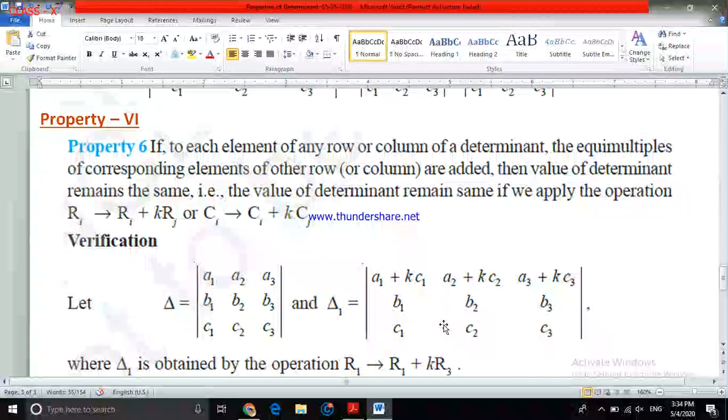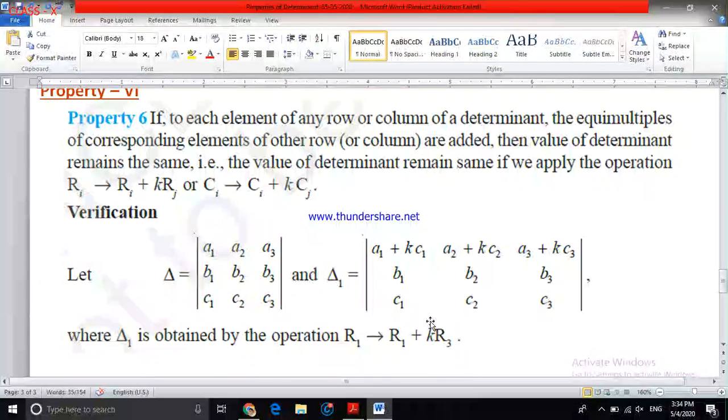Now property 6. I'll explain with an example. Here I have taken the matrix lambda as a1, a2, a3, b1, b2, b3, c1, c2, c3, and I got another matrix, lambda 1, by applying one operation. What is that operation? R1 tends to R1 plus k times R3.